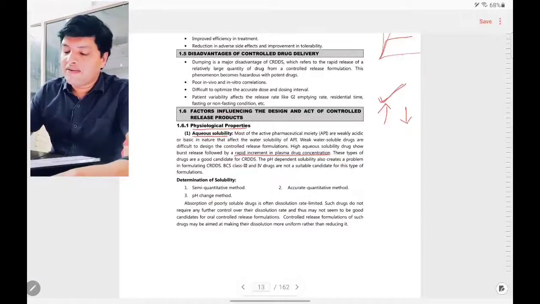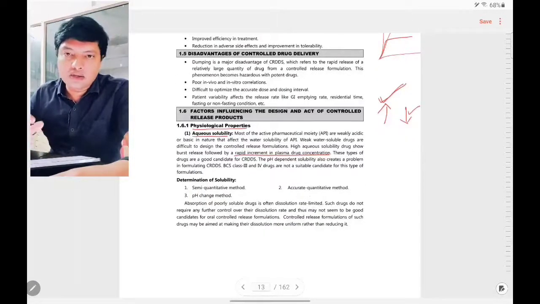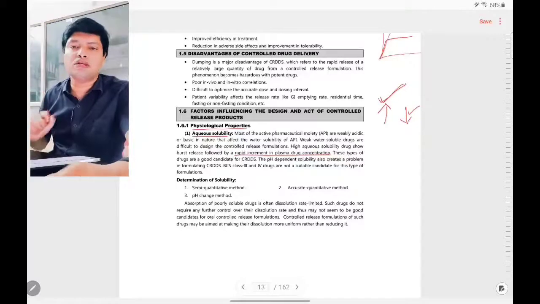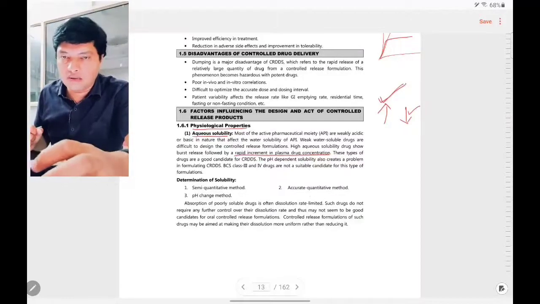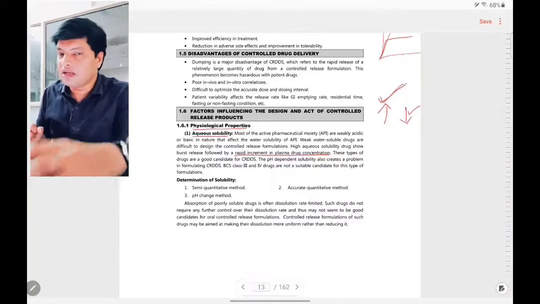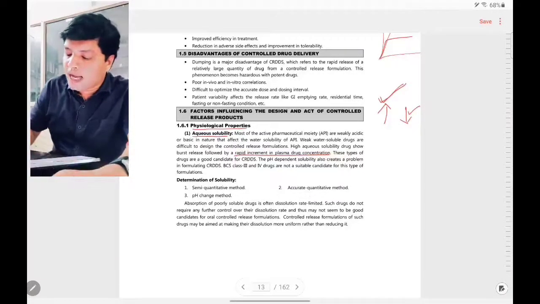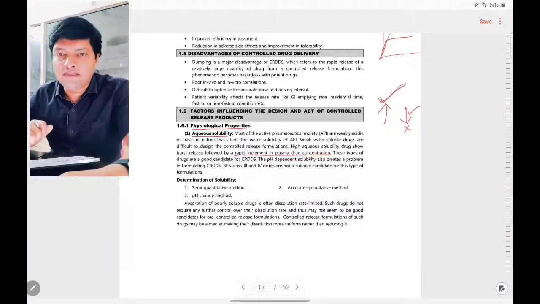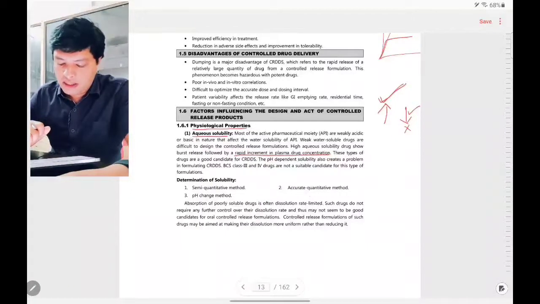And also a drug which is having less solubility. If the drug is having less solubility, it will not come out from the dosage form. That's what I said, I can control that one. The drug is having less solubility, it is not coming out from the dosage form. In that case also, it is a poor candidate for designing controlled drug delivery.